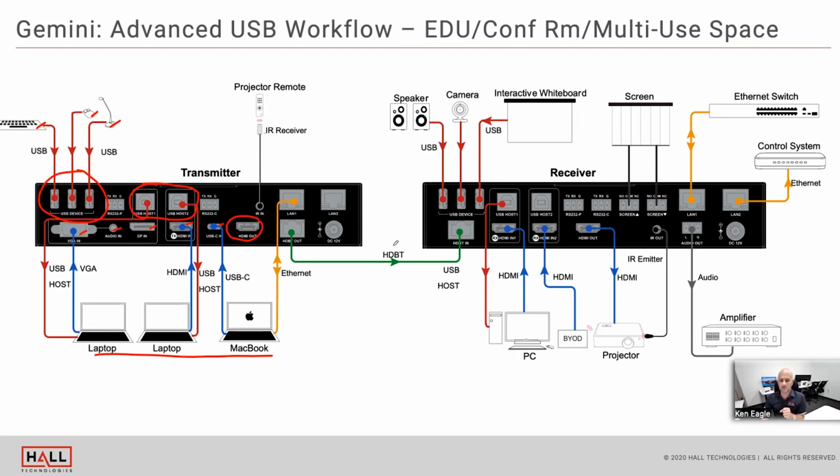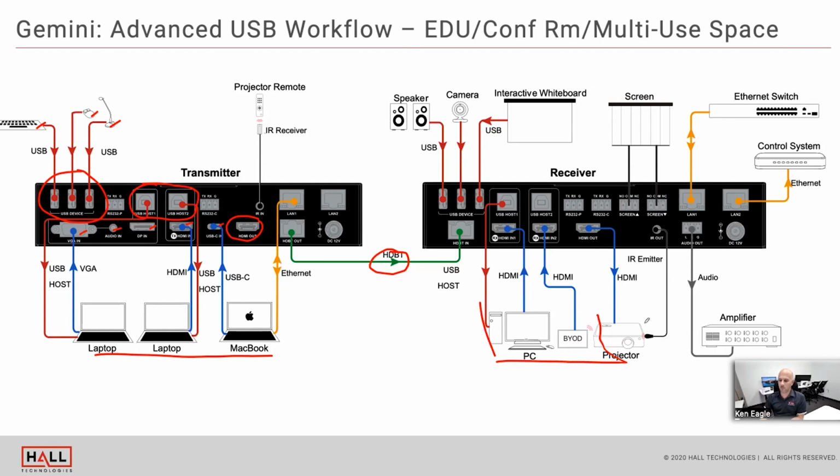So I use this HDBaseT connection right here, this green line, to allow me to connect this transmitter to this receiver over here up to 100 meters away. And I get another USB workflow added to my system. Now look here, I've got more input devices, PCs, BYOD devices, all right here.